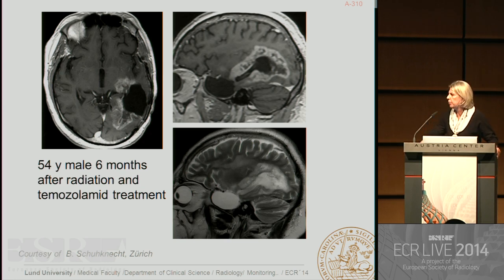Here's another example of a 54-year-old male. He's 6 months after radiation therapy and chemotherapy with Temodar. He presents with this lesion here with new pathological contrast enhancement in the vicinity of the resection site.